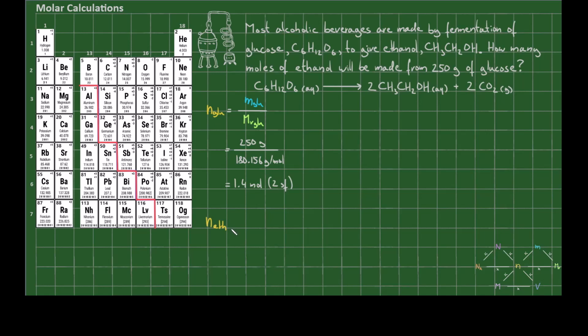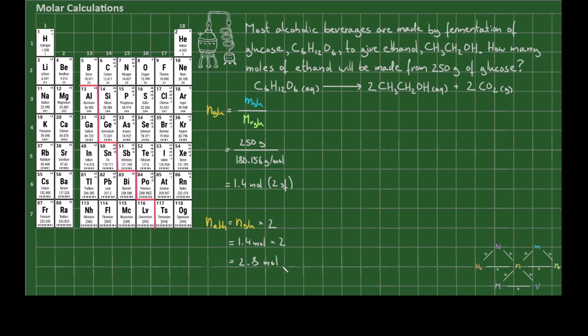According to the stoichiometric ratio of the balanced chemical equation, for every mole of glucose, I will get 2 moles of ethanol. So I could say that the number of moles of ethanol is equal to number of moles of glucose multiplied by 2. And when I substitute, I get 2.8 moles of ethanol.